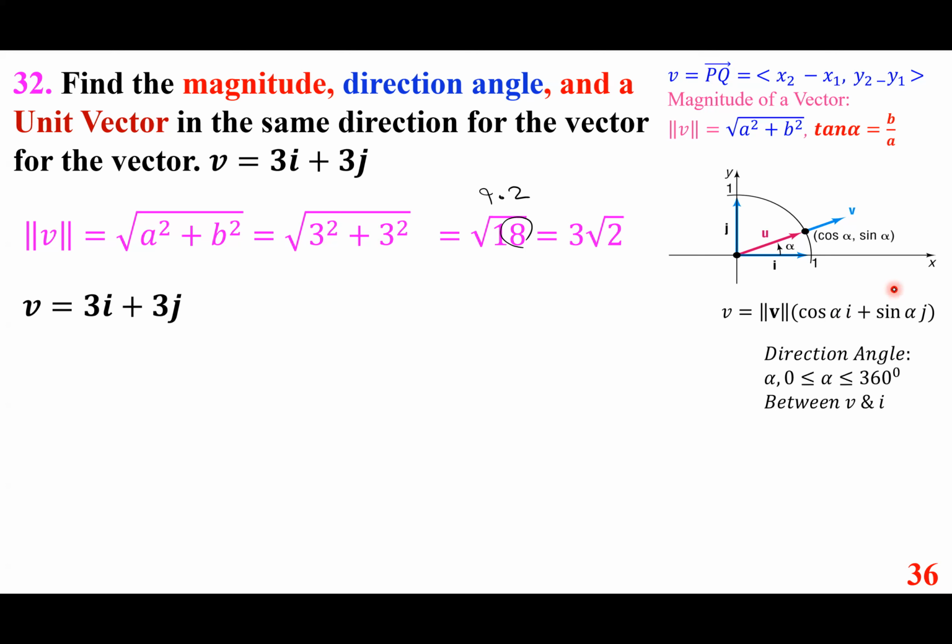So we have to find the tangent, which is b over a, and b is 3, a is 3. And because it's in the first quadrant, we get 45 degrees. So that's the magnitude, that's the direction angle.